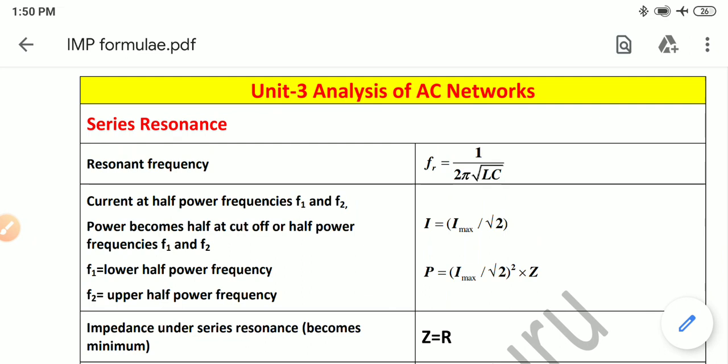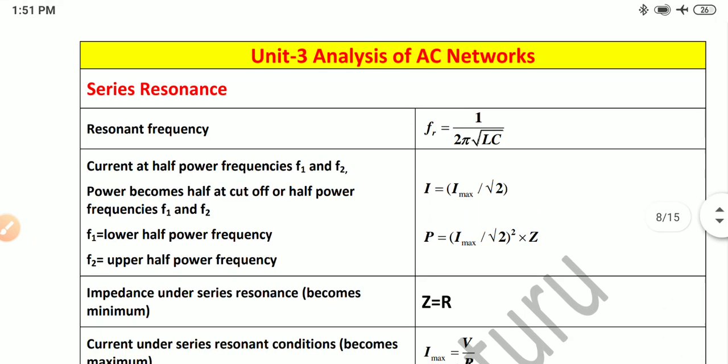Series resonance means if the three elements R, L, C are connected in series with the AC supply, then under the resonance condition, the power factor of the circuit will be unity. That means the reactance will be 0, XL is equal to XC. Therefore, from the impedance term Z is equal to R plus j into (XL minus XC), the impedance will become minimum, Z is equal to R. Since the impedance of the circuit is only resistance, the power factor will be unity.